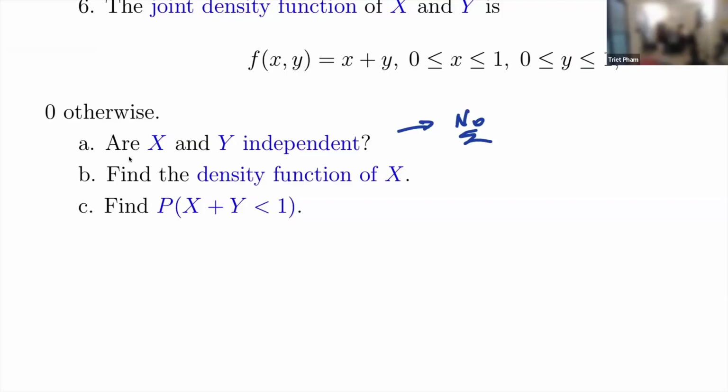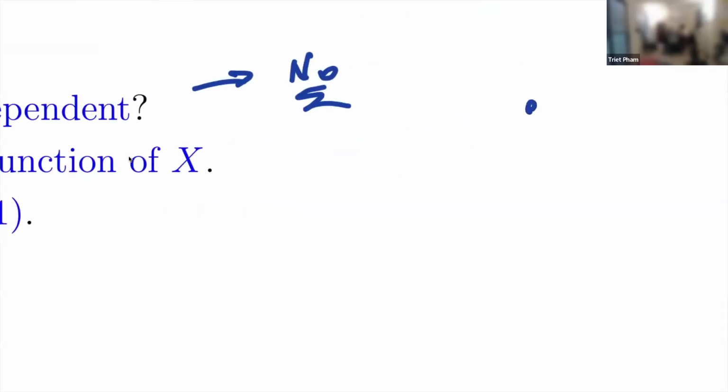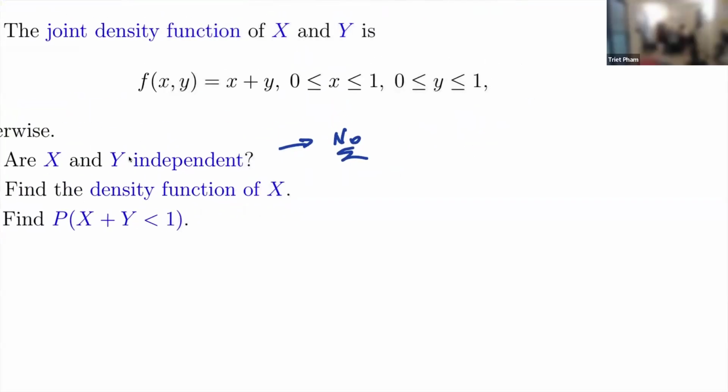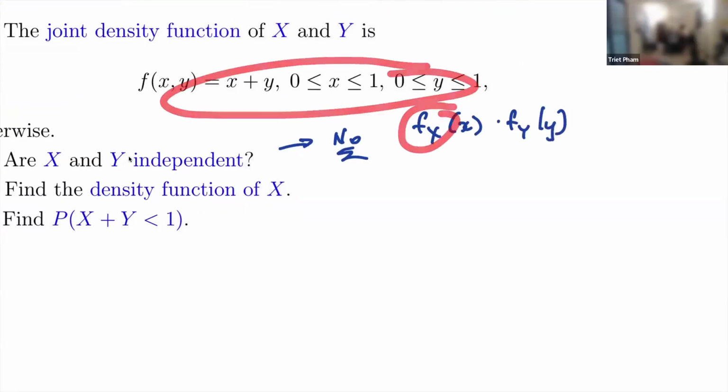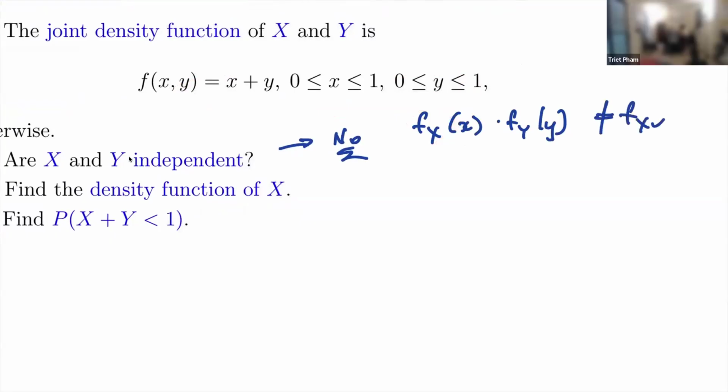For a question like this, to give the rigorous answer, which is expected on the exam, you have to compute f of x, the density of x, the marginal. You have to compute the marginal of y, which will be similar in structure because of symmetry again. And then you have to show that this is not equal to this, which is probably the easy part. That's what you need to do to show that they're not independent.